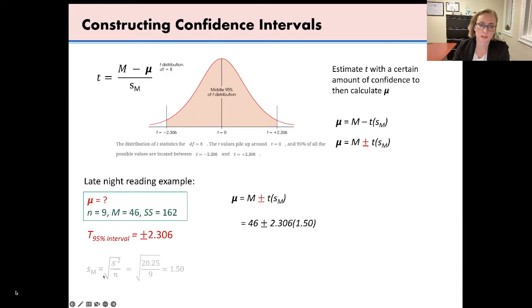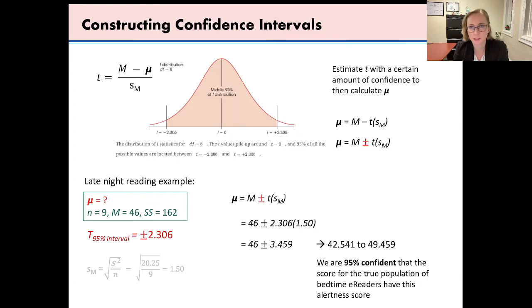And then we had already calculated before our estimated standard error. So what we get here is 1.5, plug all these guys in. So we get 46 plus minus 3.5. So this is our confidence interval, a range going from 42 to 49.